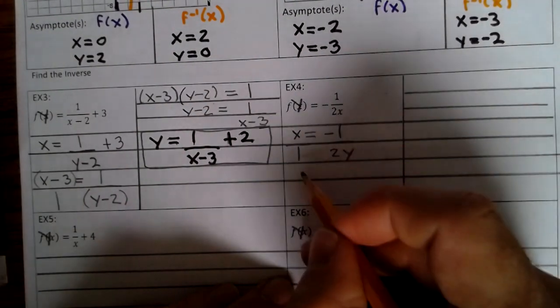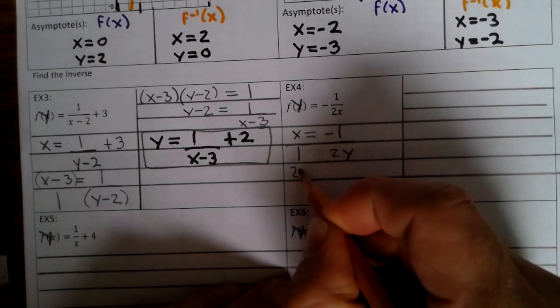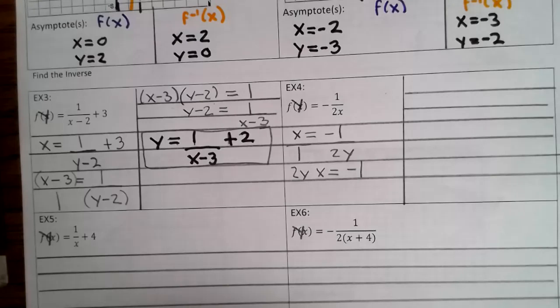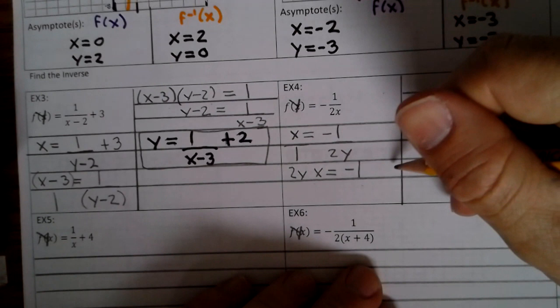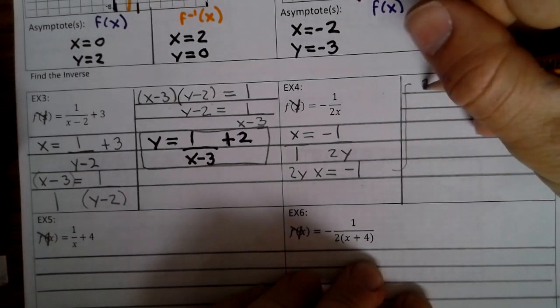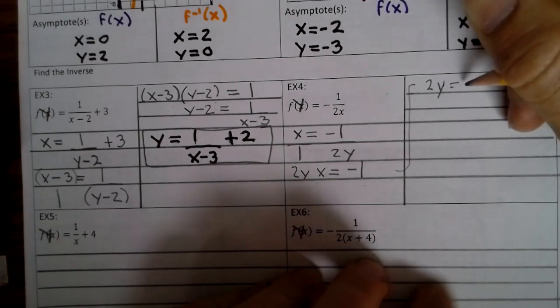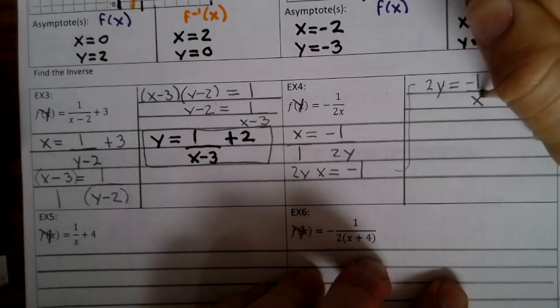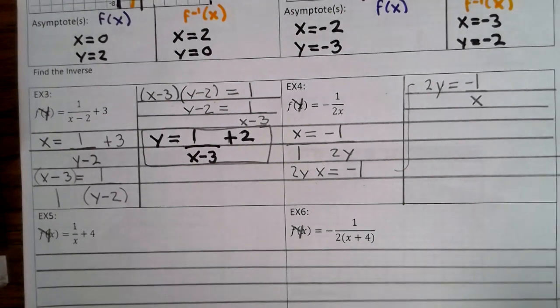Now remember, we're solving for y, so we're going to divide both sides by x. So 2y equals negative 1 divided by x. And then you're going to divide both sides by 2. So y equals negative 1 divided by 2x.